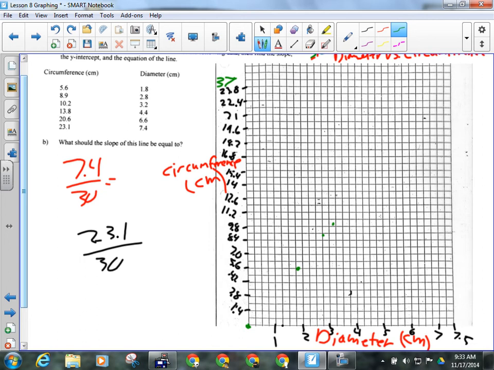So 4.4 would be here. 13.8 would be about there. 6.6 and 20.6. About there. Okay, and 7.4 and 23.1.